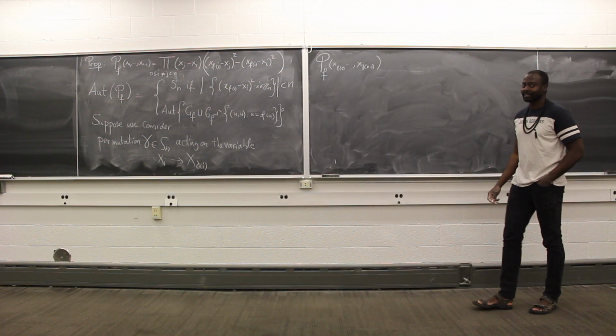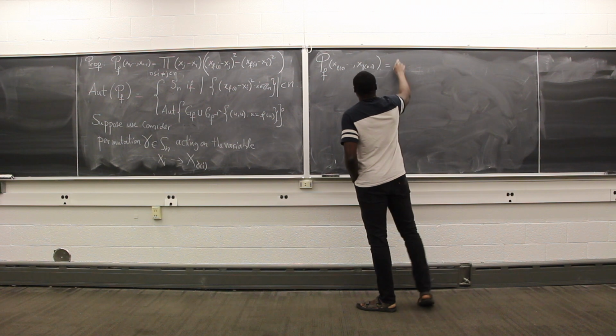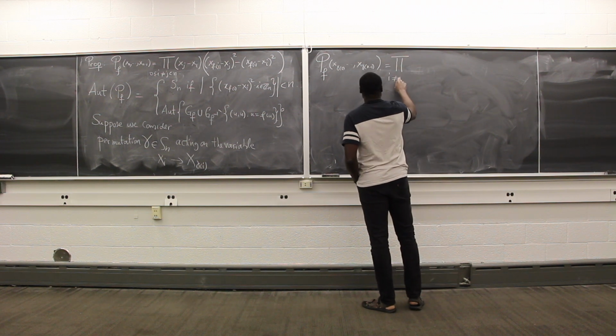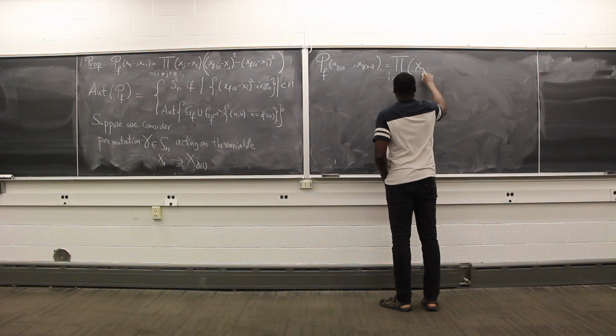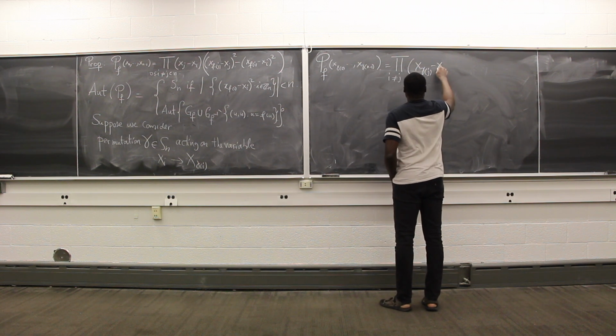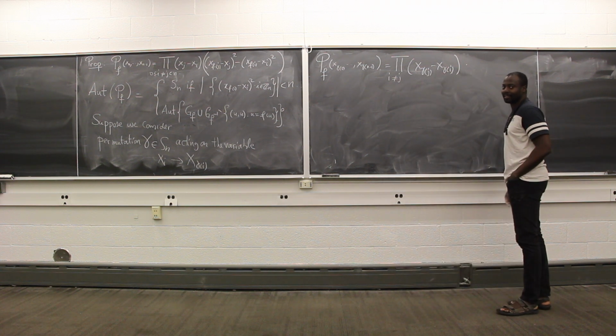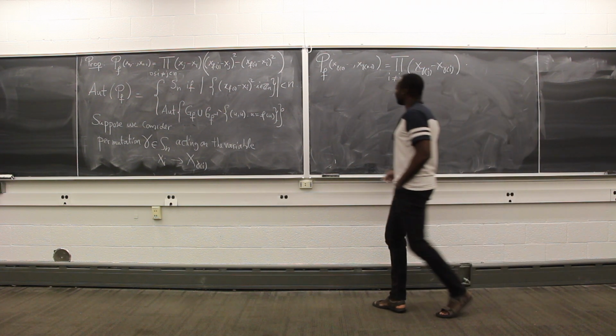Then I have to do this basically everywhere. So this is i different from j, and this is x gamma j minus x gamma i. That's the multiplication. And then I have to do this for the rest.